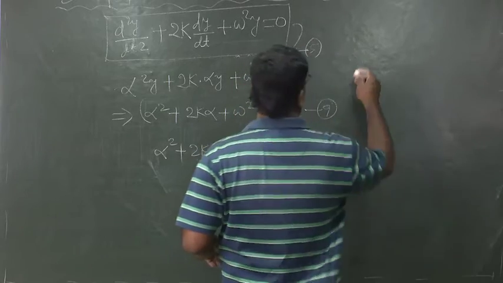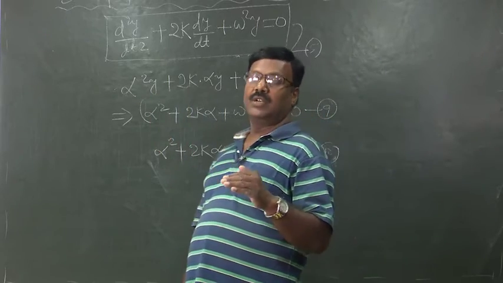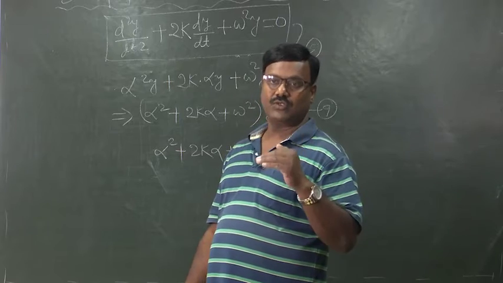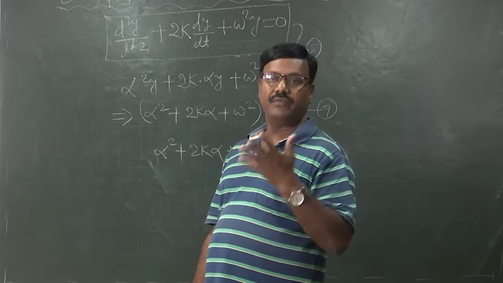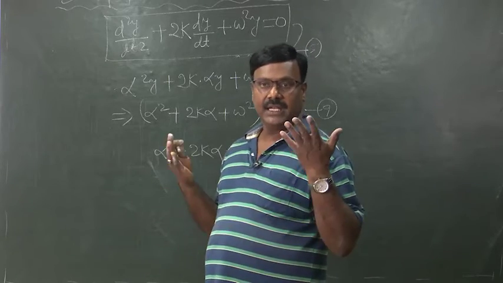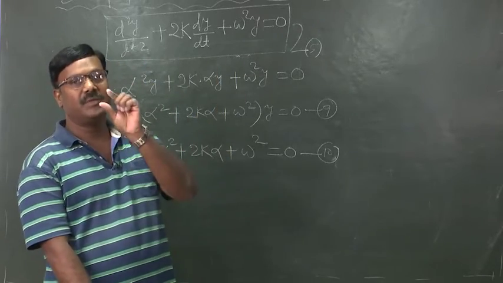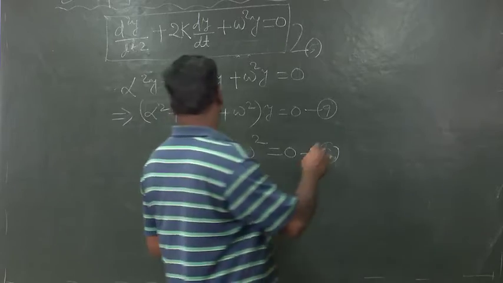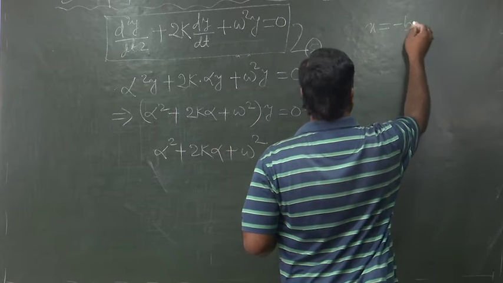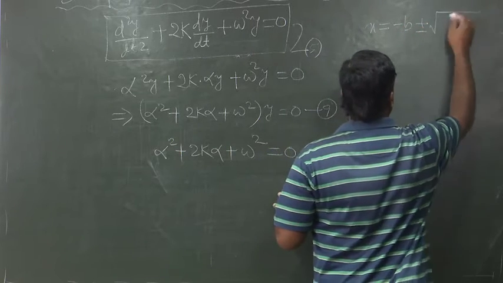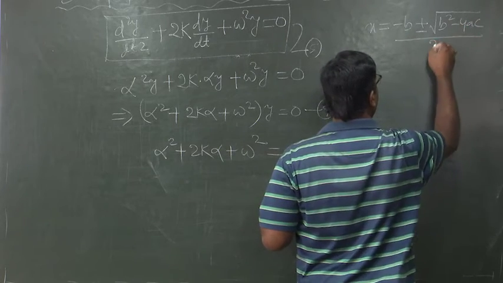which you must have known from your previous classes, that if x square plus 2x plus 5 equal to 0 is a quadratic equation, then we can find its solution from a general formula, which is x equal to minus b plus minus root over of b square minus 4ac whole divided by 2a.